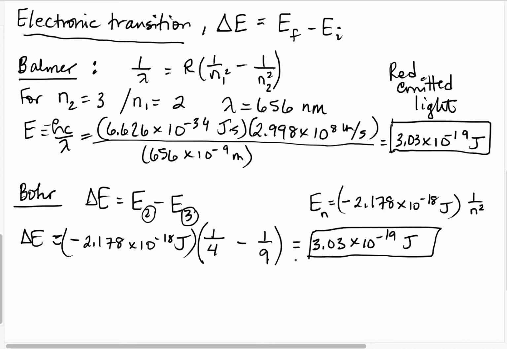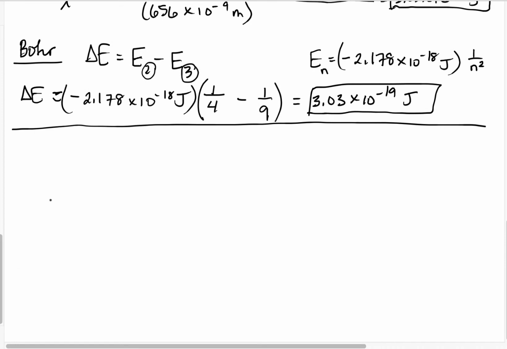Okay, so we already talked about the fact that Bohr's model only worked for hydrogen, but so did the Balmer model. So they were obviously missing something important. And long story short, the thing that both of these models were missing is that when you have atoms that have, well, if we think about hydrogen, right? We know that hydrogen has 1 proton and 1 electron.